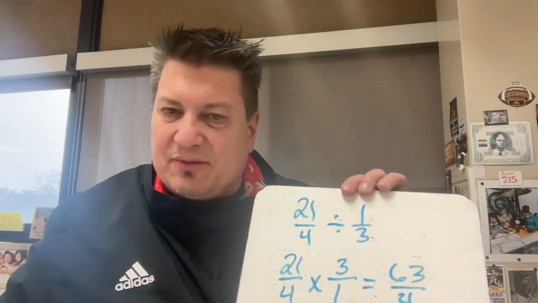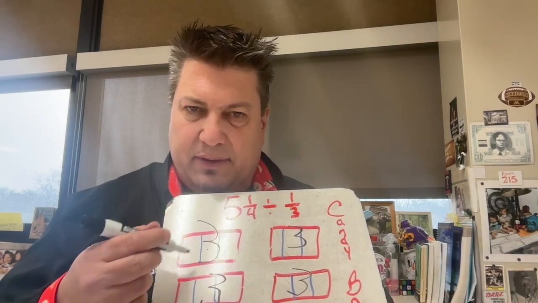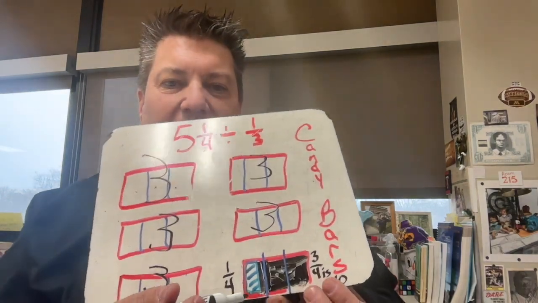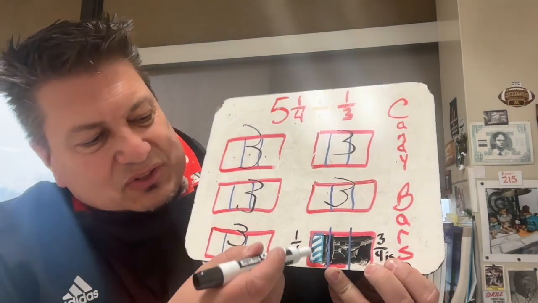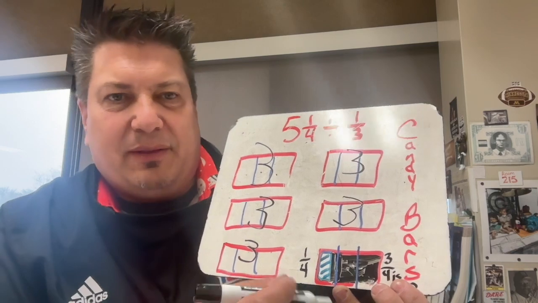Okay? And that's where that 3/4 comes in, which sometimes can be hard to understand. But remember when we were looking for groupings of 1/3? We were almost at 1/3 here, but not quite. We got 3/4 of the 1/3. So hopefully that helps you.